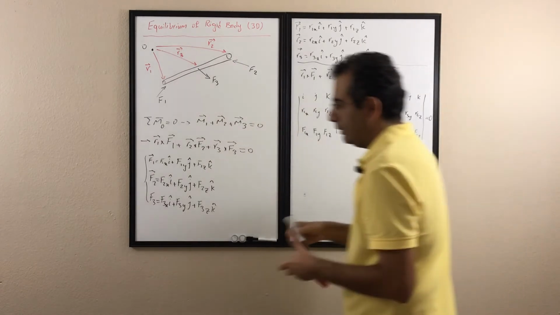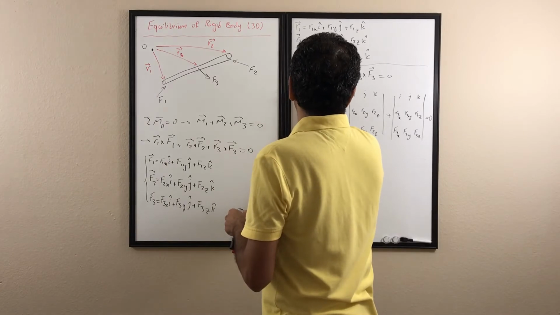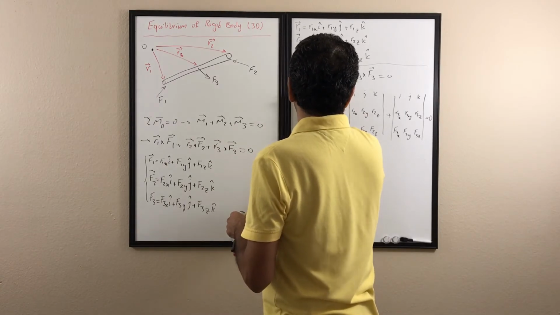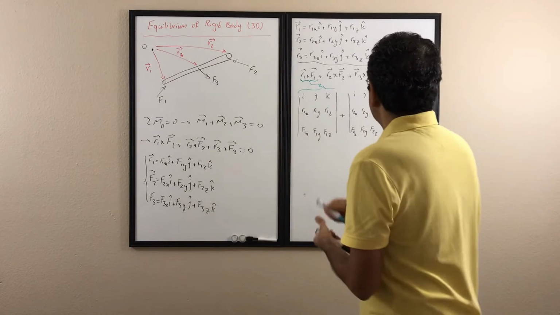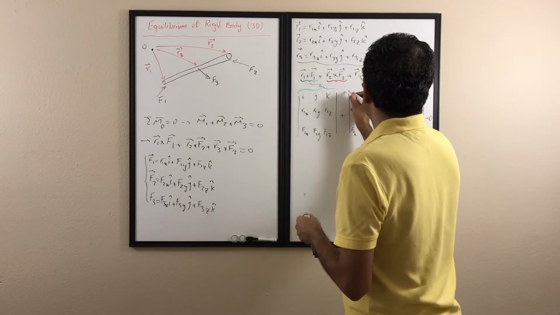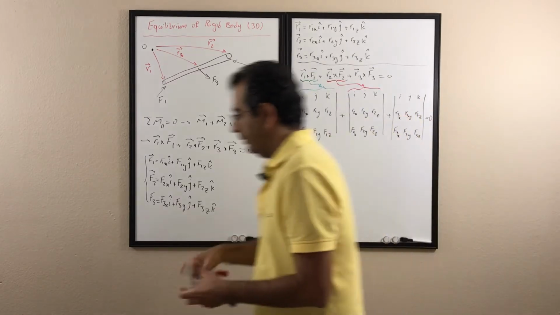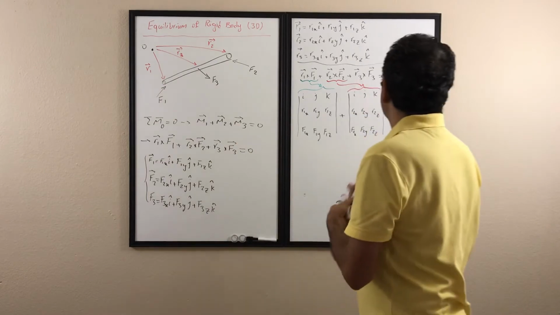So this one is this determinant, then the second term is the second determinant, and then the third term is the third determinant.